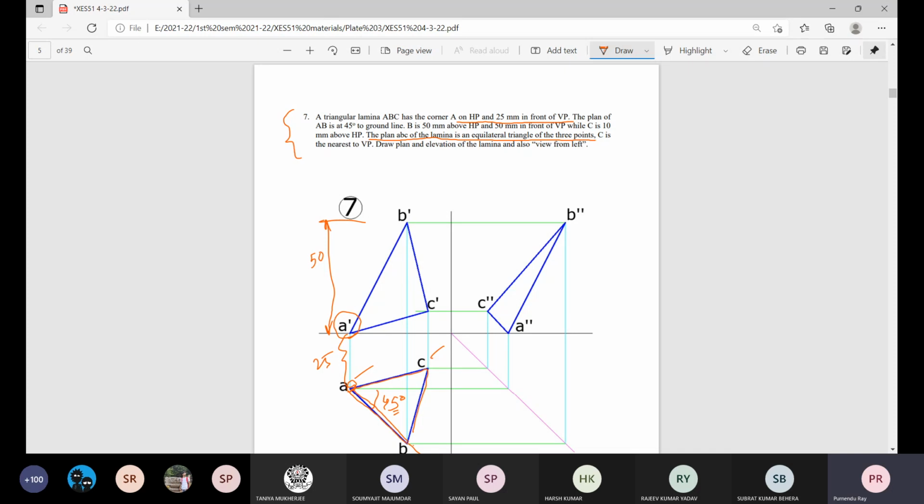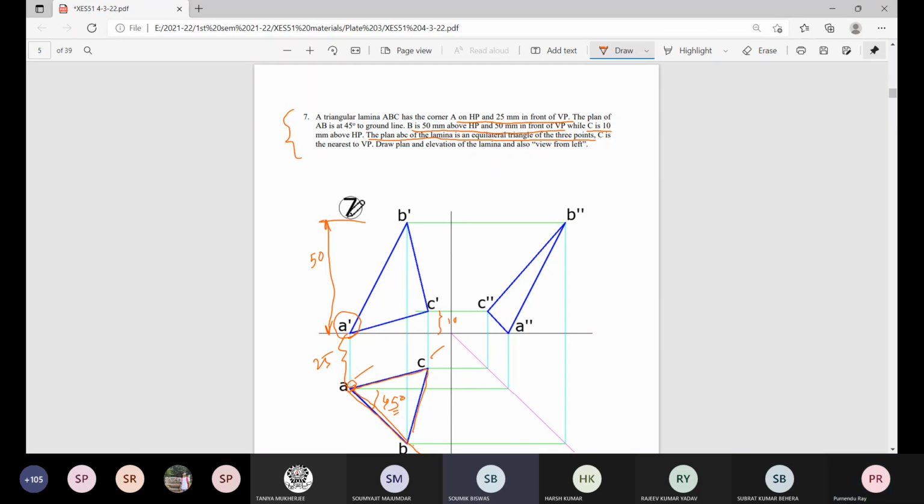Then what about the other clue? C is 10 millimeter above HP. This is for A. For B, the plane AB is 45 degrees to the ground line, B is 50 millimeter above HP and 50 millimeter in front of VP. For B, that 50 millimeter above HP and 50 millimeter in front of VP is given, that is complete information.